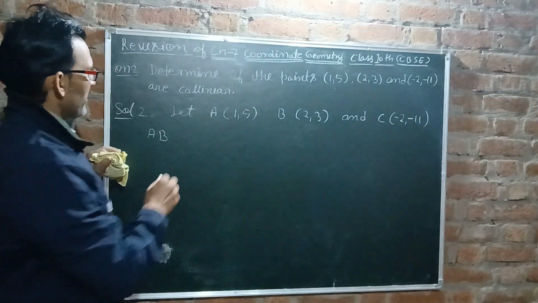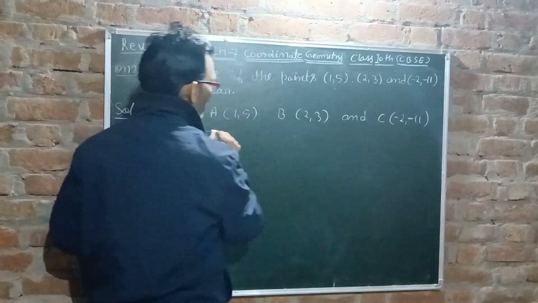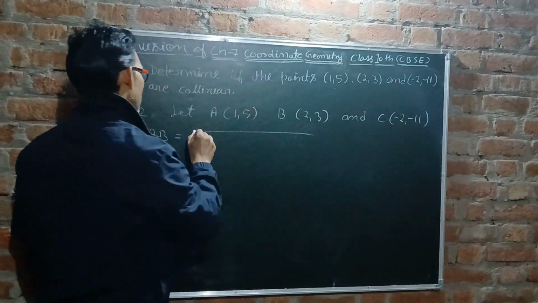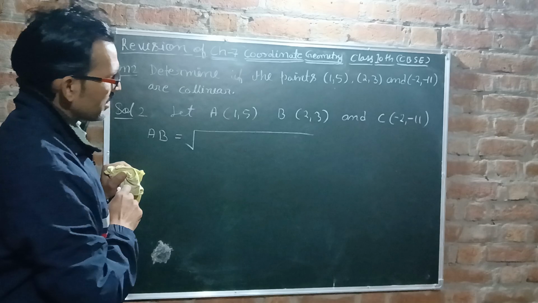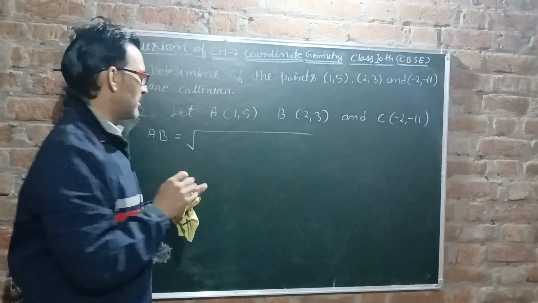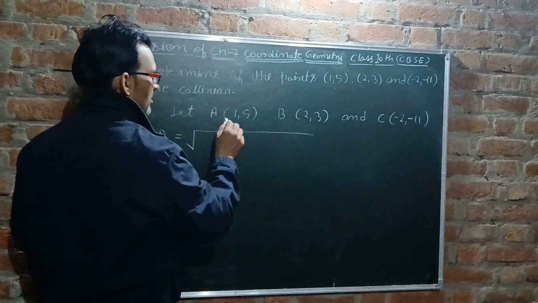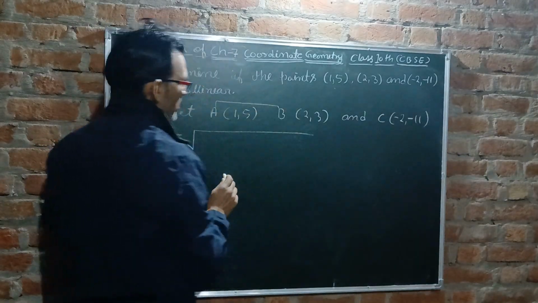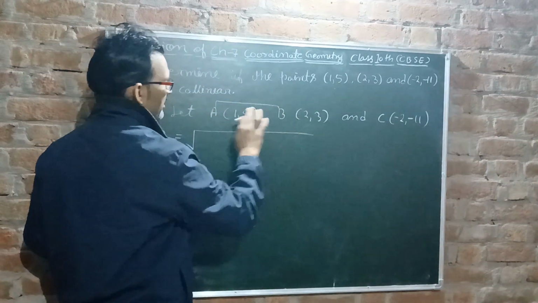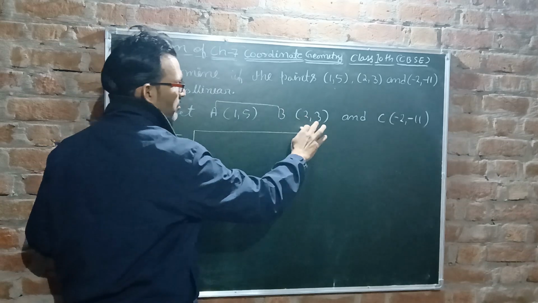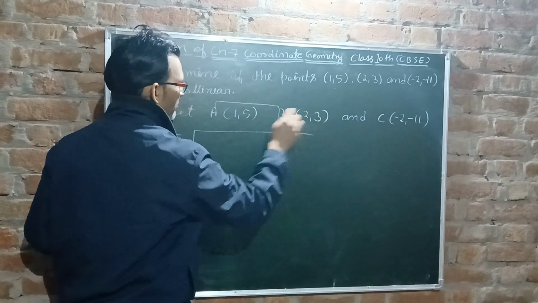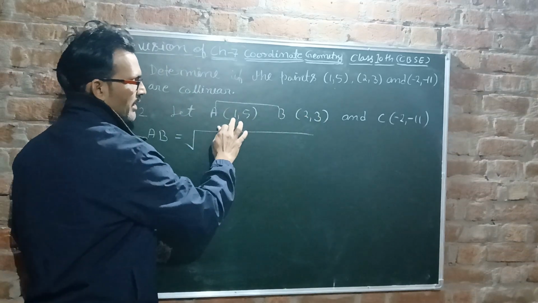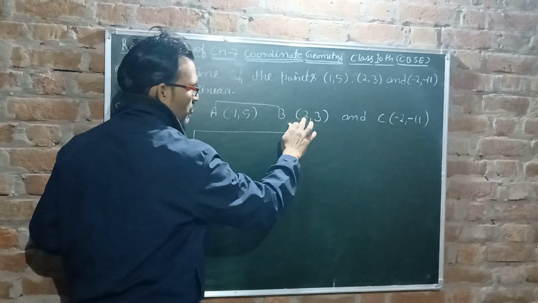For AB I will apply the distance formula, x2 minus x1 whole square. Here we are taking these two, so x2 is this and x1 is this, y2 is this and y1 is 5. This is x1 y1, this is x2 y2.